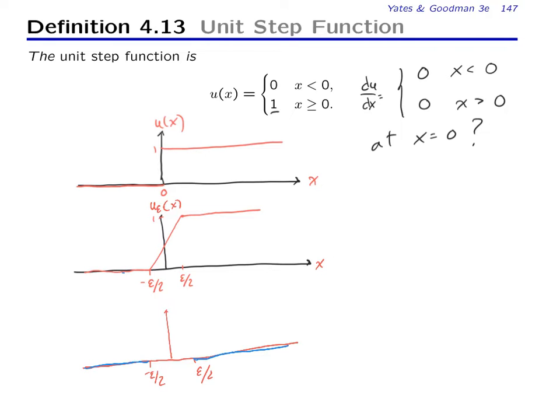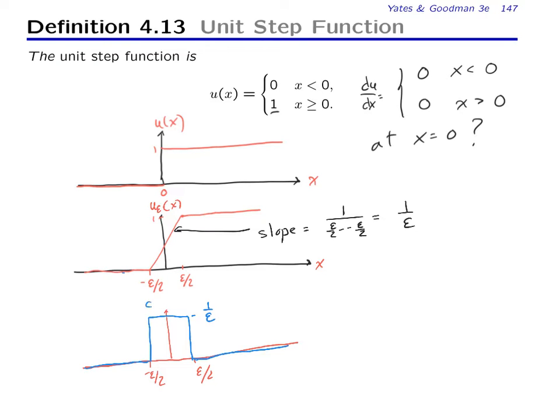And then in the interval from minus epsilon over 2 to epsilon over 2, the slope is equal to 1 divided by epsilon over 2 minus minus epsilon over 2. The slope is 1 over epsilon. So in this interval, the slope is 1 over epsilon.